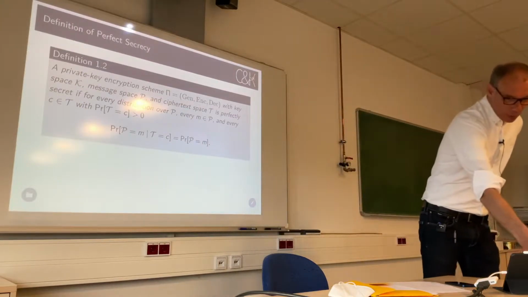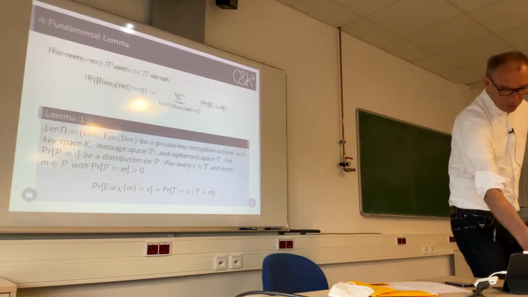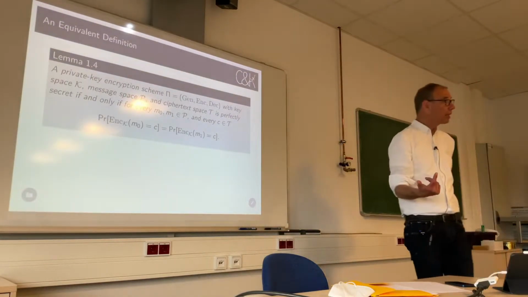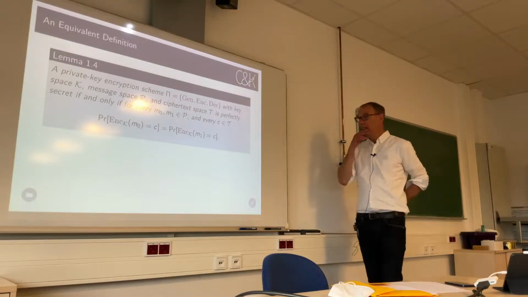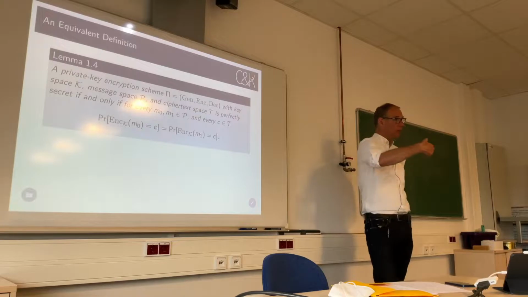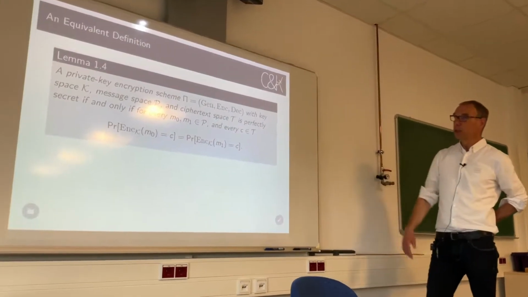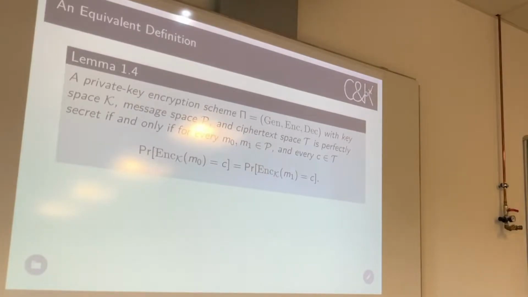That's why we wanted other definitions of perfect secrecy that are equivalent and that do not talk about the distributions on the message space, but only about the scheme itself. And this was the equivalent definition that we had.